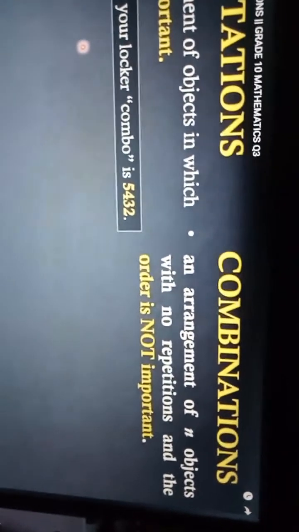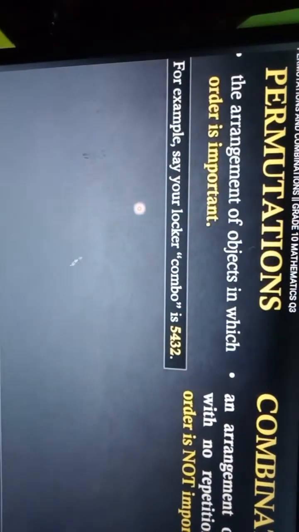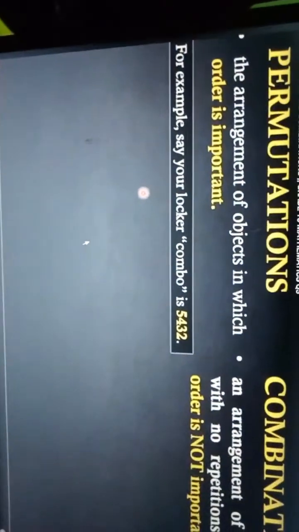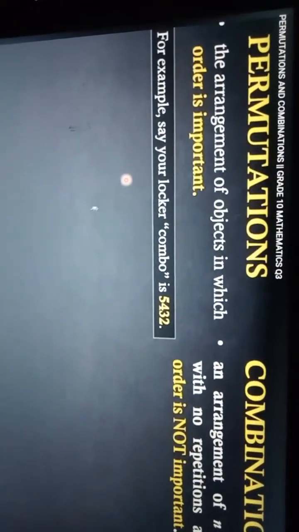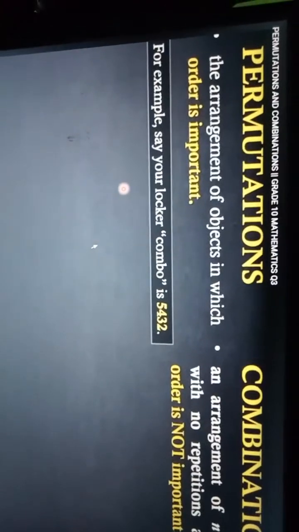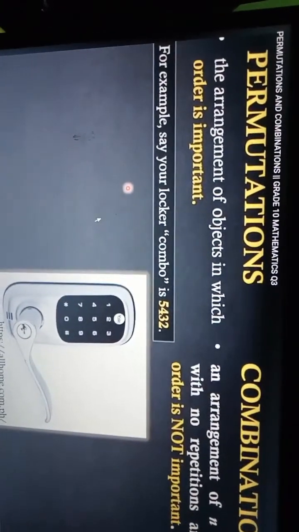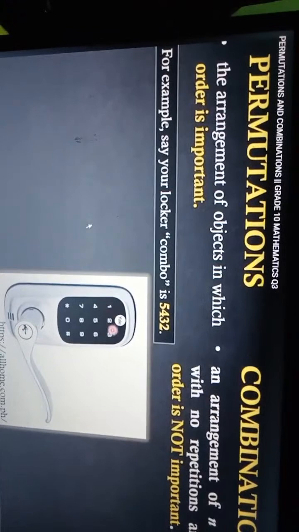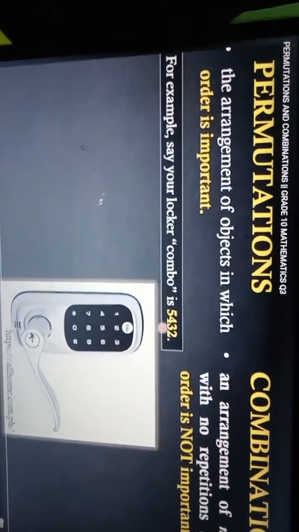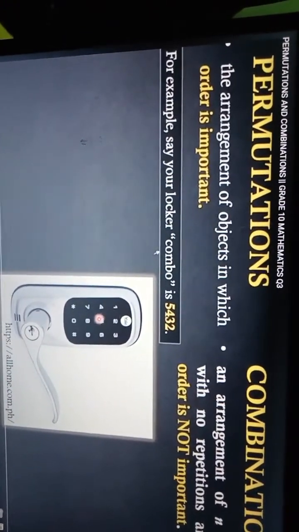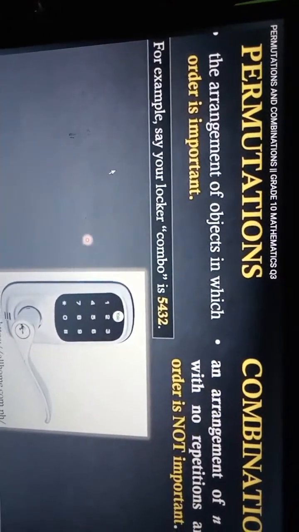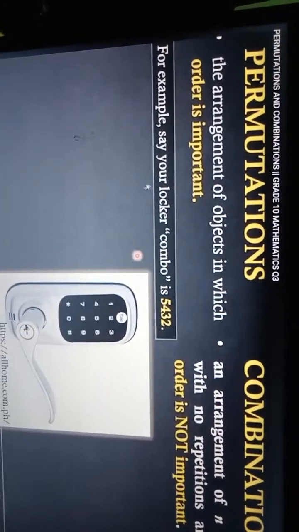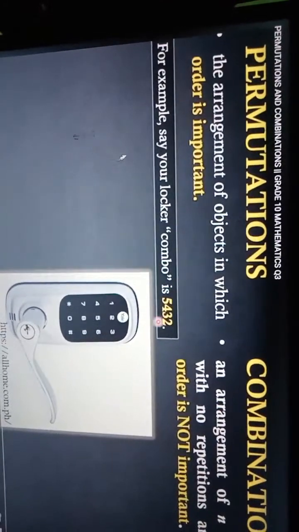Take a look at some of the examples. This is a video, not mine, this is not my slide, but I want you to study more about this one. For example, your locker combo is 5432. Since arrangement is very important, order is very important, you can use the permutation.